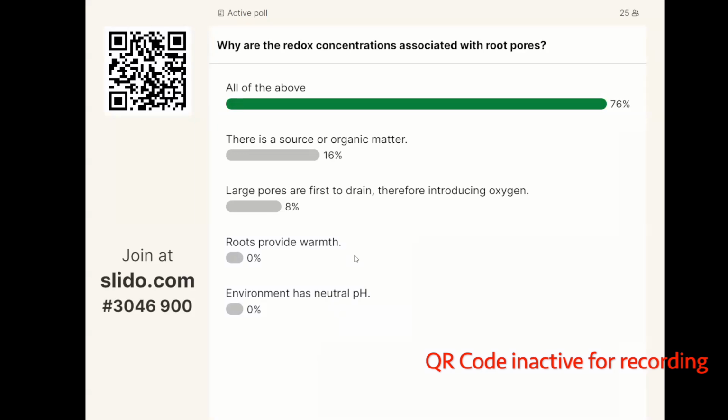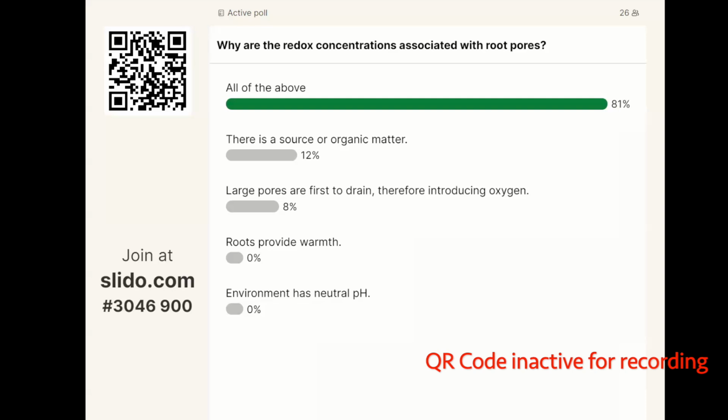Also, the roots themselves are going to provide some warmth there from biological action. You don't have to keep changing your answers. I see you're sliding over to all the above. You can stick with your answer. You can own it. But the roots do provide some warmth, and so you'll have more of the year that's 40 degrees or above.